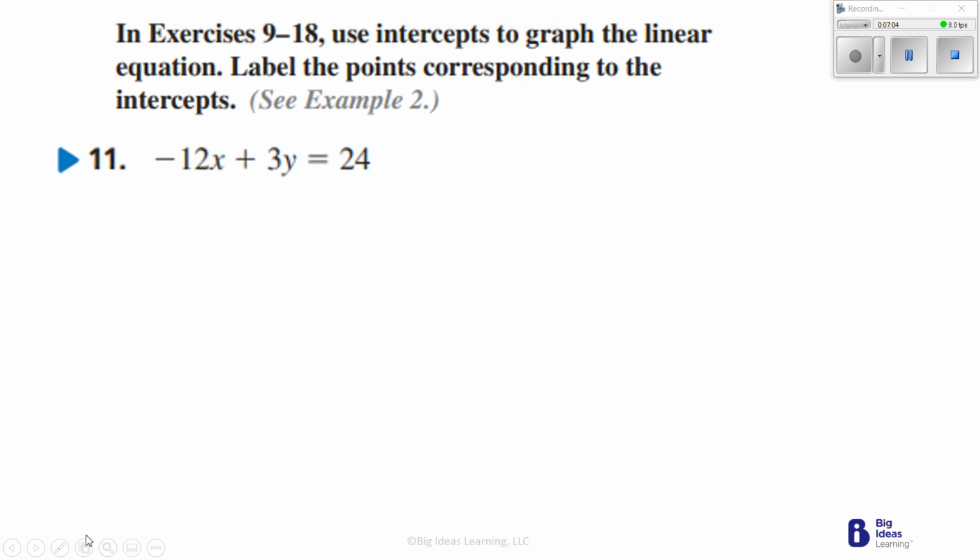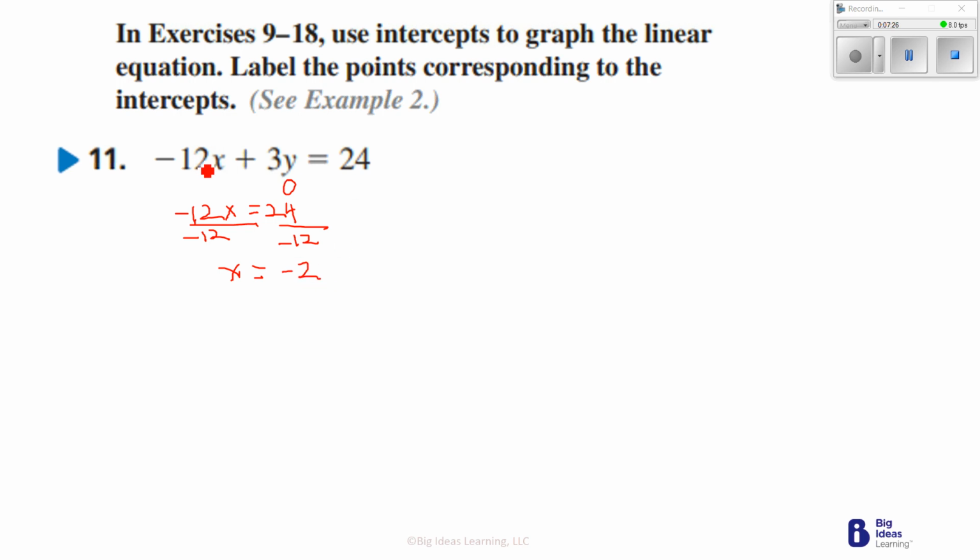On this one, we will just work it out. When I put y to 0, this will give me negative 12x is equal to 24, which of course I'll divide by negative 12. And this will give me x equals negative 2.